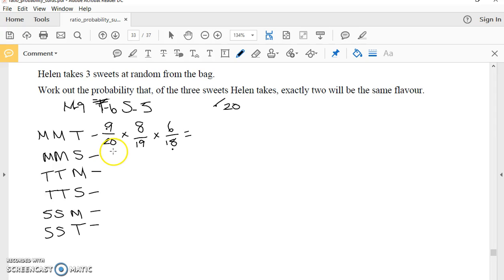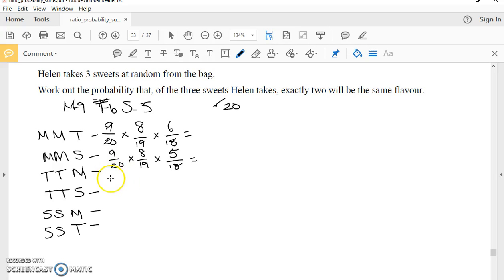Second one, I've got the same for the first 2, 9 out of 20 for the mint, 8 out of 19 for the second one, and then the sherbets, we've got 5 out of 18. Again, because these are all different events, I'm going to multiply the 3 probabilities together to get my actual probability of that event happening.